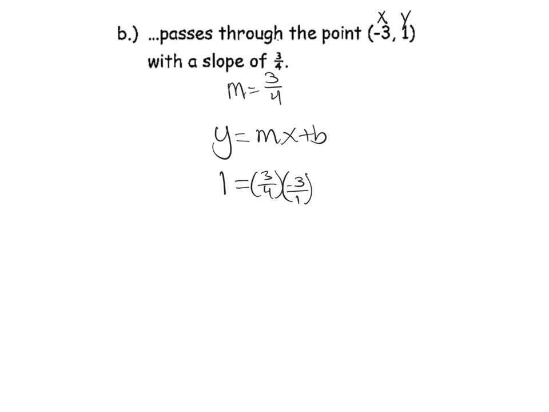And I don't know what b is, right? How do we multiply fractions? Straight across. So what's 3 times negative 3? Negative 9. What's 4 times 1? 4.